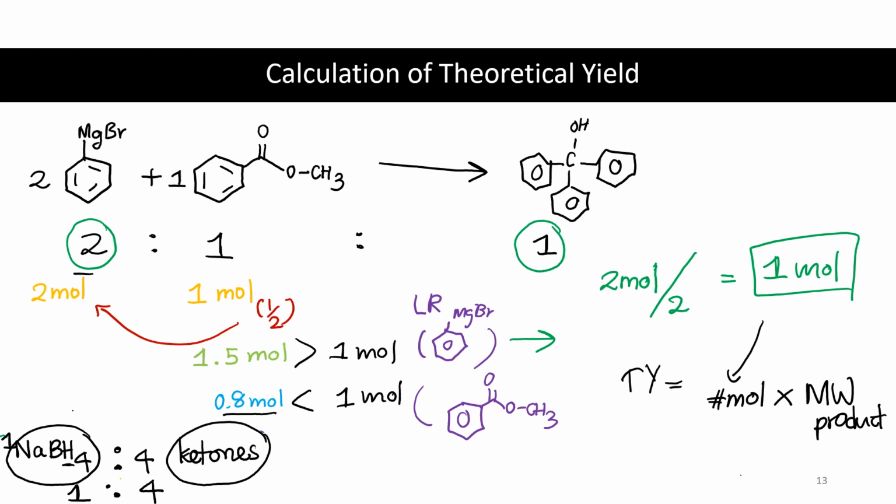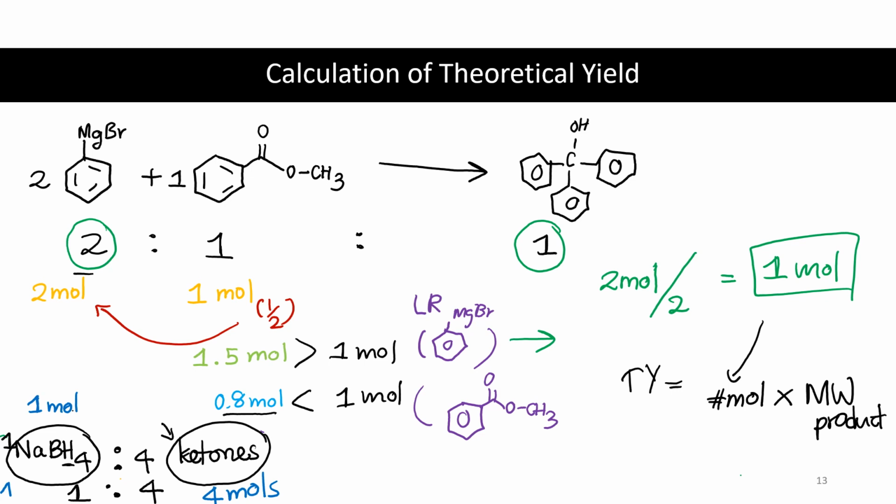So if you had 4 moles of the ketones, you would need at least a quarter of that from the reducing agent. So 1 mole at least. If the amount you had was less than 1 mole, then sodium borohydride would be the limiting reagent. But if you had more than 1 mole of sodium borohydride, then the ketone would be the limiting reagent.